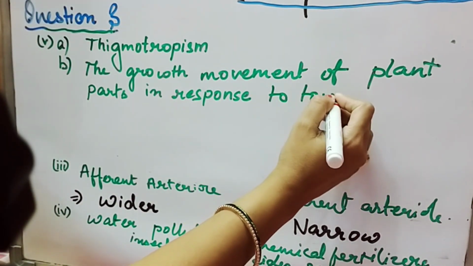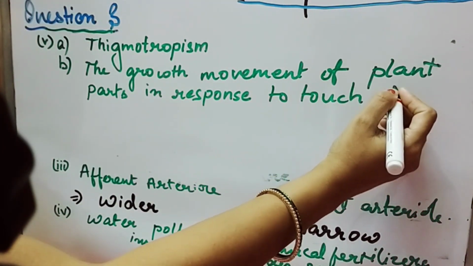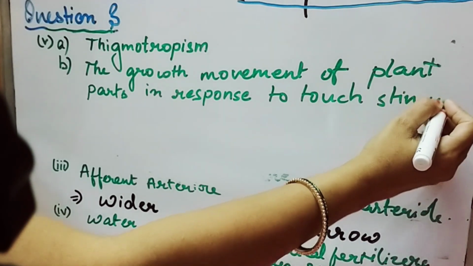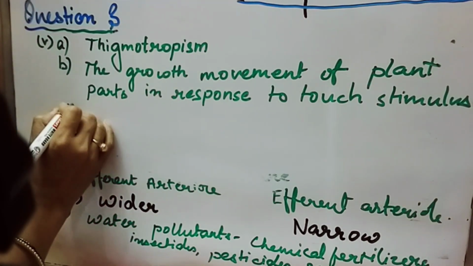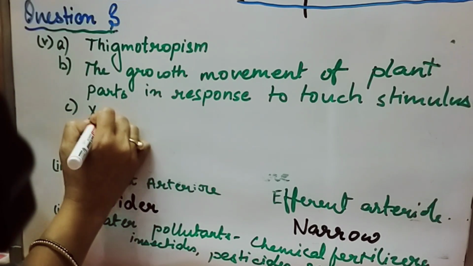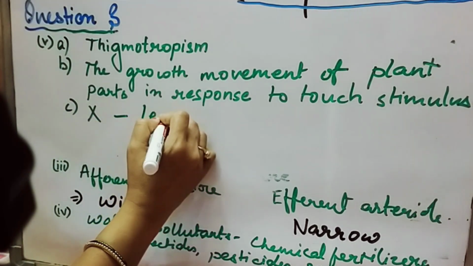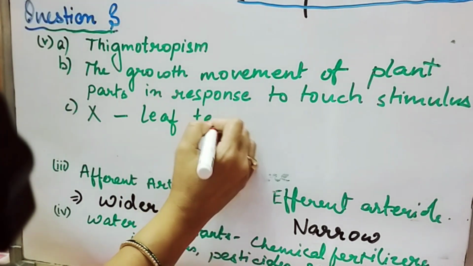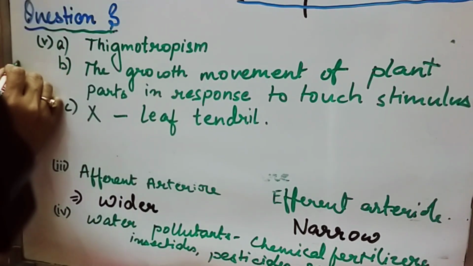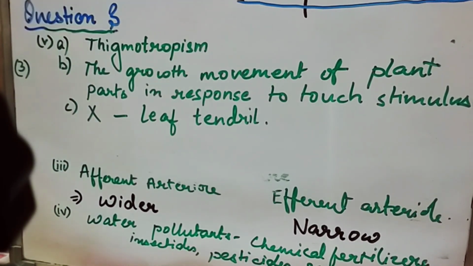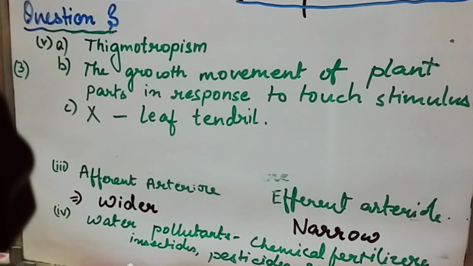So touch is the stimulus. Next question, write the name of the part marked X. So X is leaf tendril. This comprises 3 marks. So this was question number 3. I would be moving to question number 4.